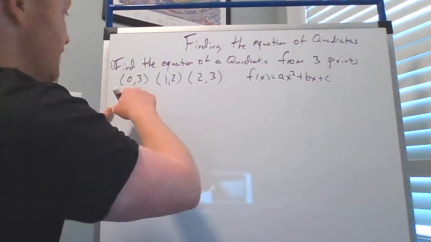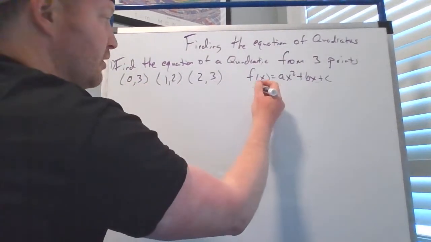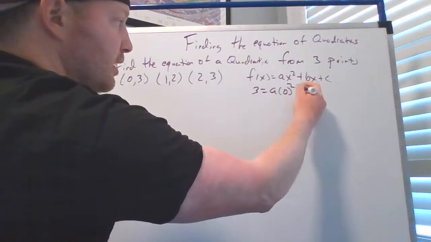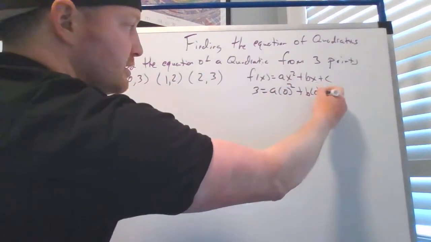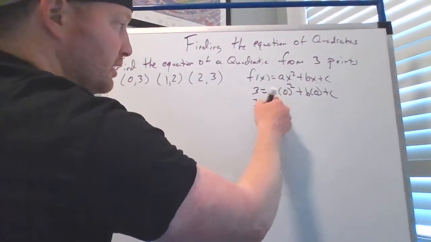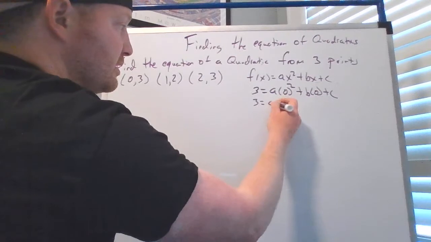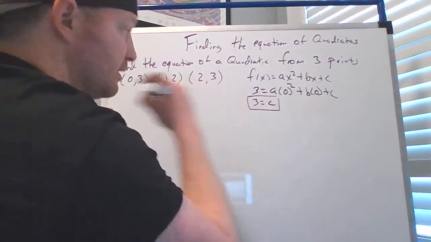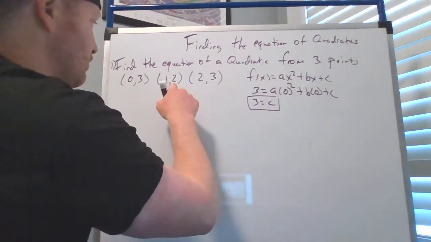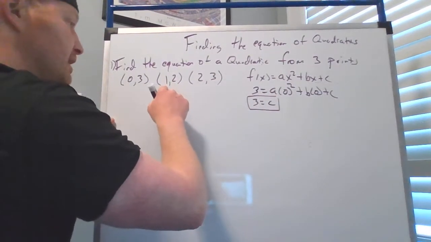So here we go. When x is 0, y is 3. So 3 equals a times 0 squared plus b times 0 plus c. So essentially 3 equals 0 plus c. C is what? 3 equals c. Then on another one, I got f of x, or the y, is 2 and the x is 1.